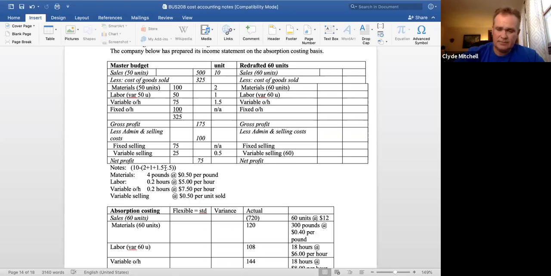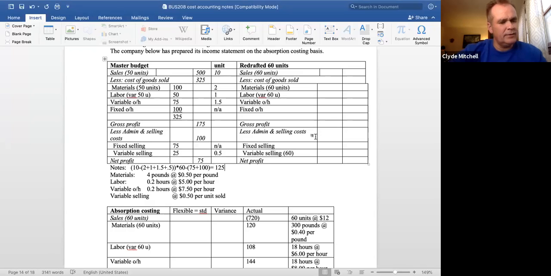So it's $5 times our new units, which is 60, minus our fixed costs, and our fixed cost is the 175. The 75, which I get from my fixed selling costs plus my fixed production costs of 100. So we have $5 times 60, which gives us 300 minus 175, and that means that our profit should be equal to 125.